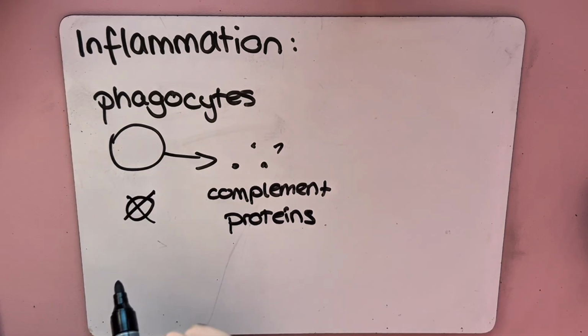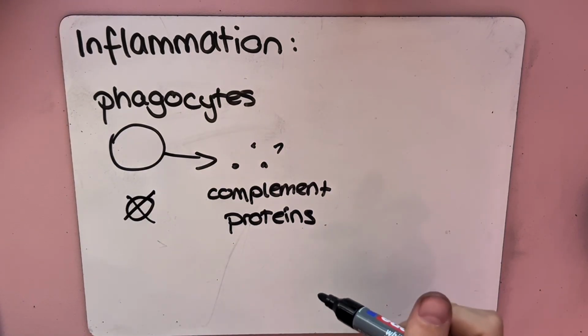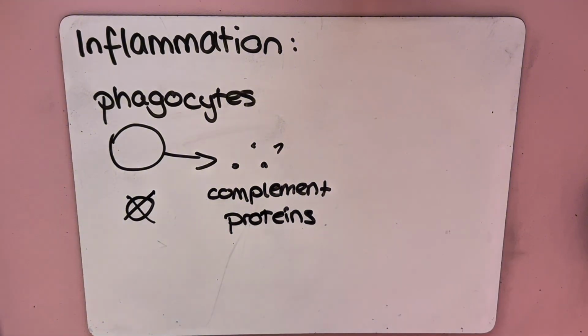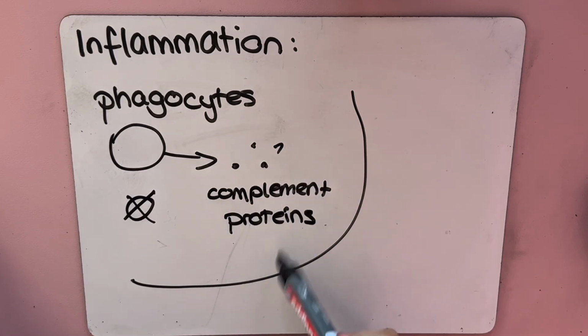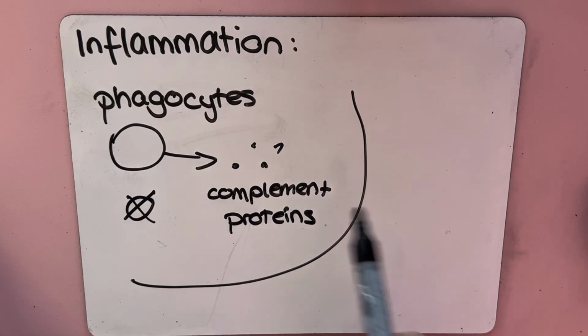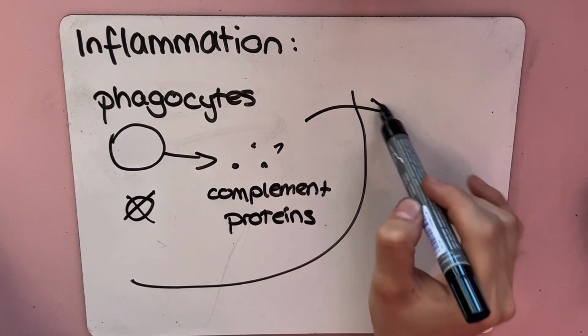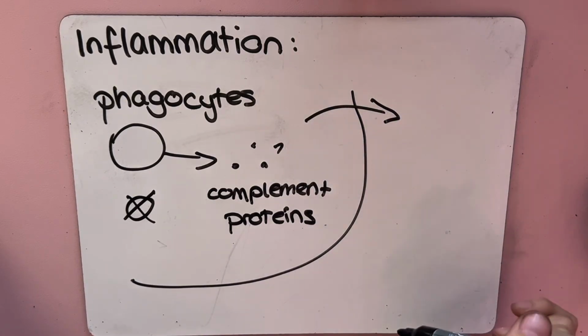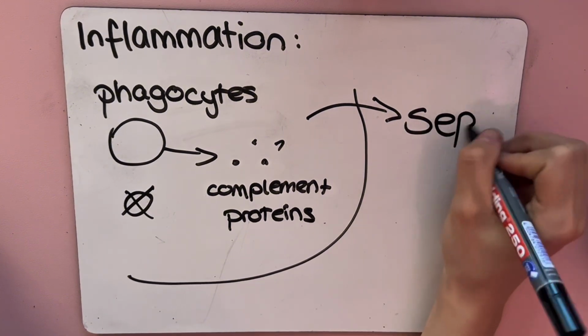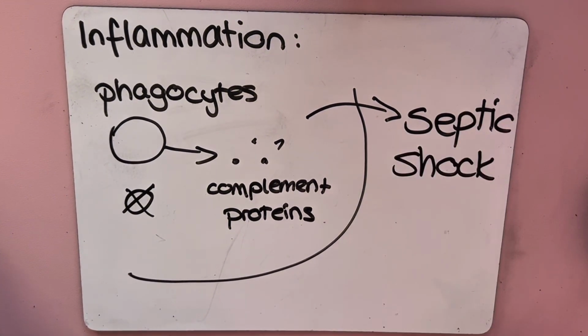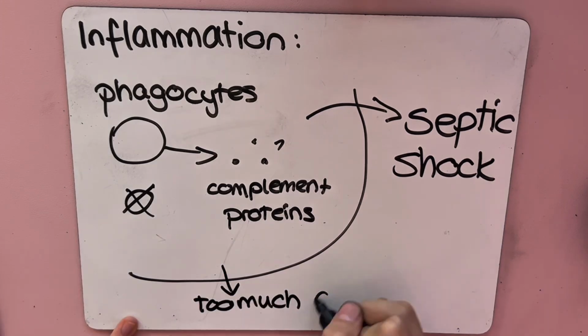Pus, if it forms, is an accumulation of dead cells, mostly neutrophils and microbes, a sign that the body is fighting the infection. However, too much inflammation can be damaging to the body's own tissues. For example, if an infection spreads through the bloodstream and triggers inflammation everywhere, it can lead to a dangerous condition, for example septic shock due to an overwhelming cytokine release.